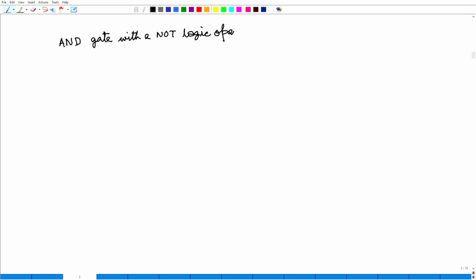So, these are standard logic gates we use to make computers now. They do it in circuits, and we are doing with chemicals, that is the difference. So, let me write the system, it is complicated, I will write. So, AND gate with a NOT logic operation will give you NAND gate.